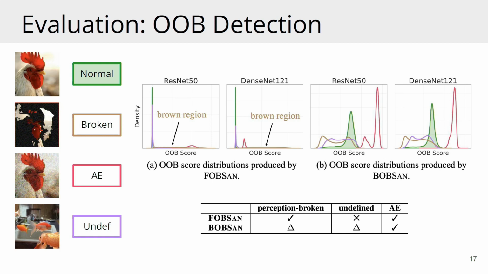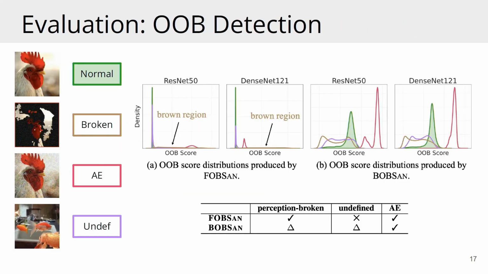But for undefined inputs, it does not have the ability to distinguish them from normal inputs. And on the right, we have the results for BOBSan, where you can see that it also does very well in distinguishing AE. Plus, it also has the ability to distinguish undefined inputs from normal inputs. But in terms of broken inputs, it is not as effective as FOBSan.